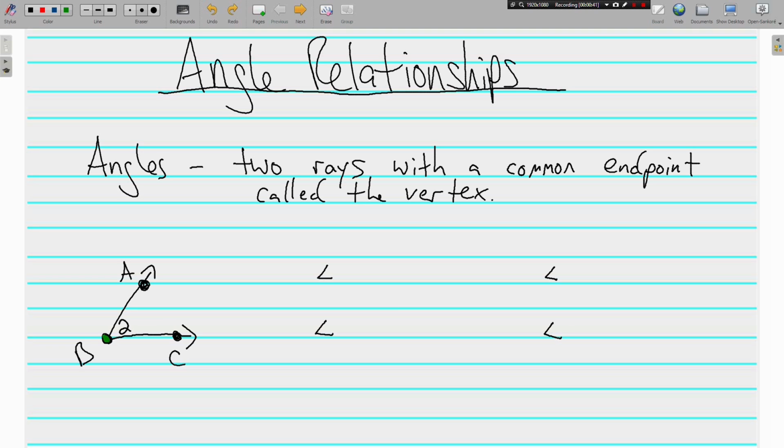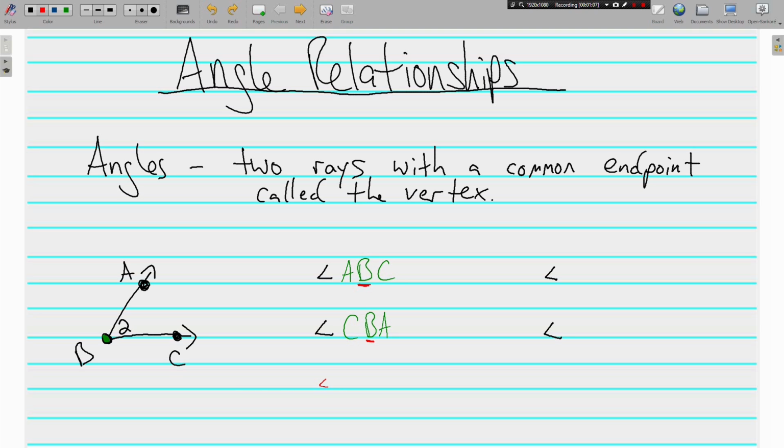You can call it angle ABC because those are the 3 points in the angle. But you can also name it backwards and call it angle CBA. What's important when you're naming an angle like this is that the vertex has to be the middle letter.